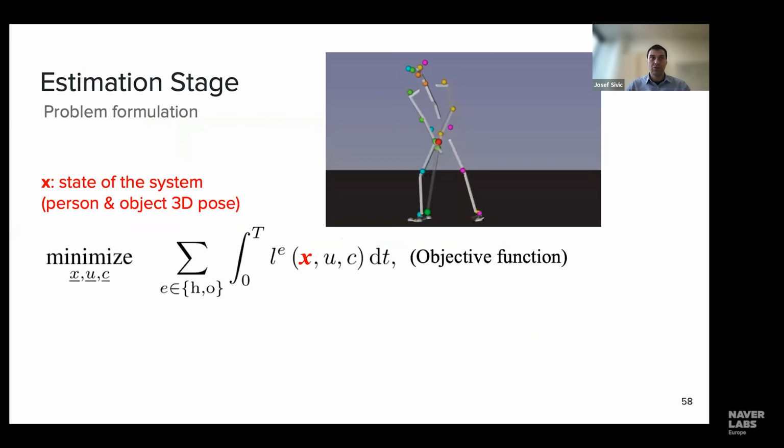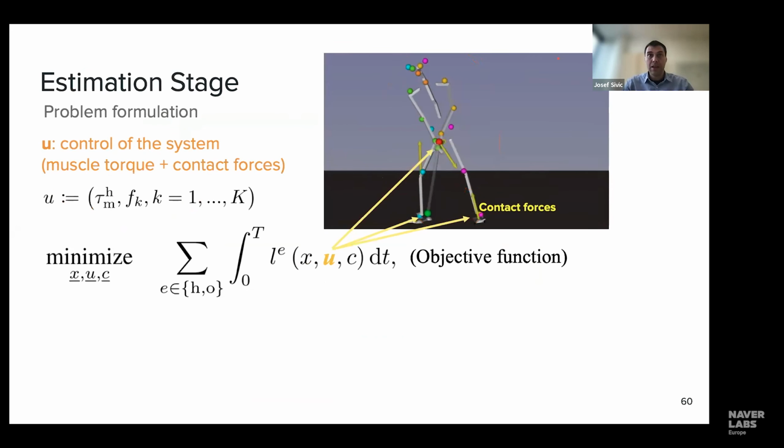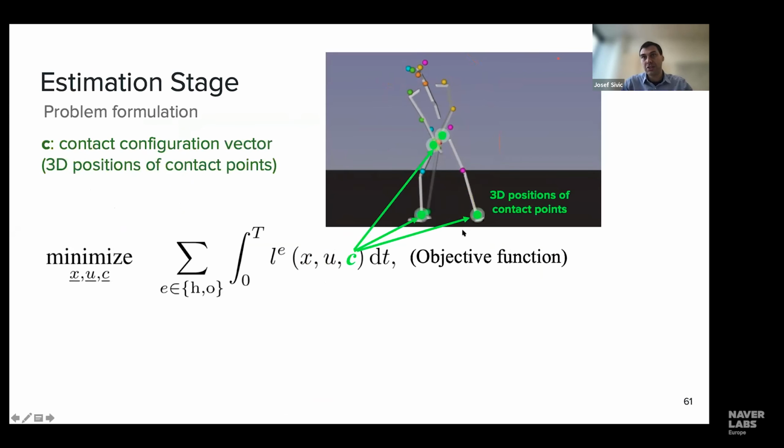We formulate this as an optimization problem where we optimize over the state of the system X here, which is the skeleton of the person together with the object endpoints in 3D. We optimize over the control of the system, which involves the contact forces and muscle torques, and the 3D position of the contact points on the ground along the tool.